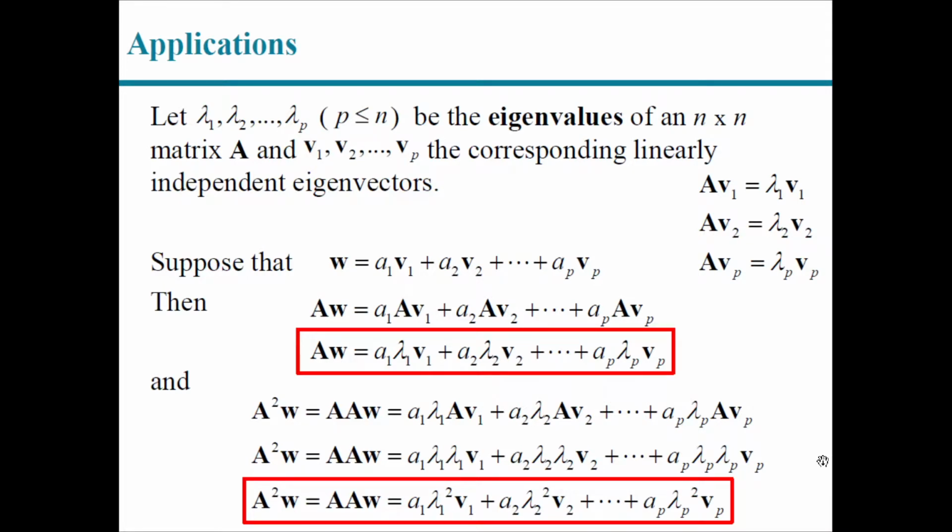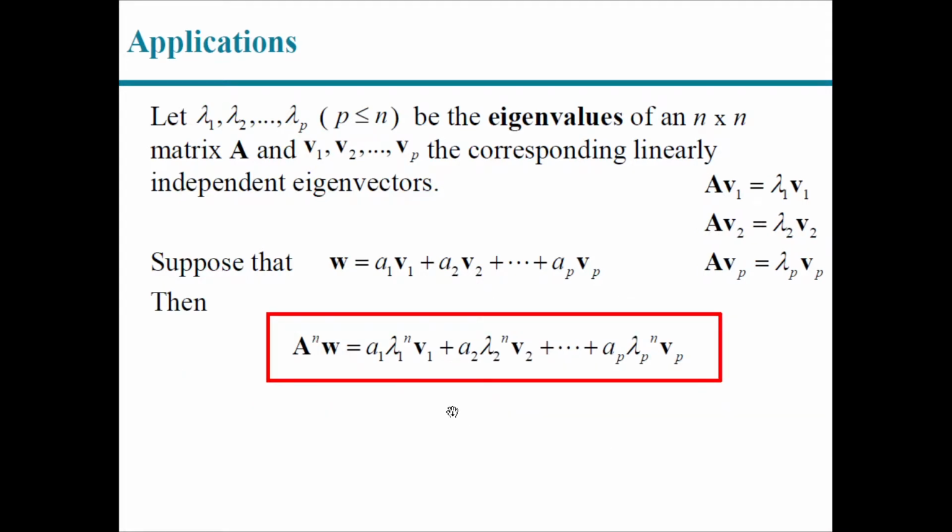Nice. So I can continue like that, and A to the power 1 million times W is simply a linear combination of these eigenvectors where the coefficients are a1, a2, but multiplied also by the eigenvalue to the corresponding power.